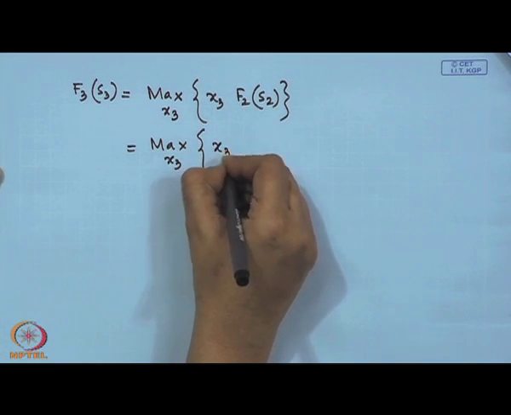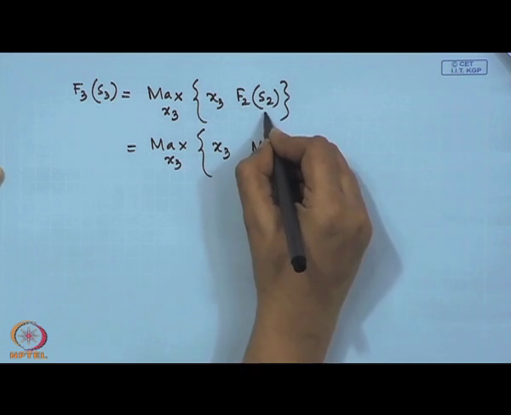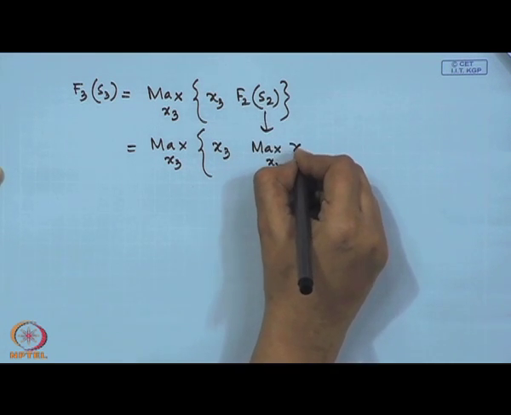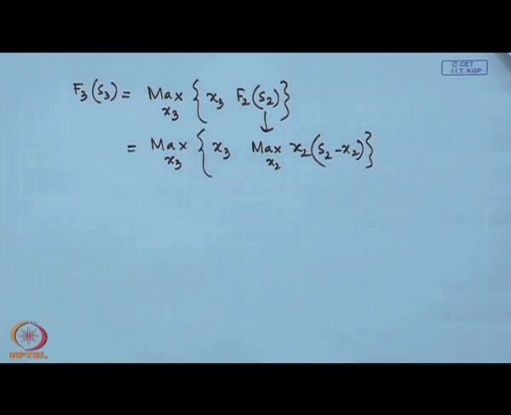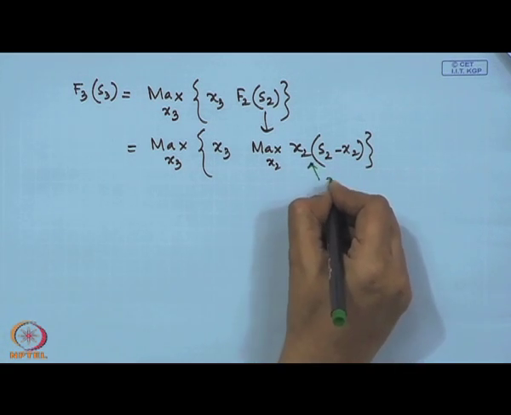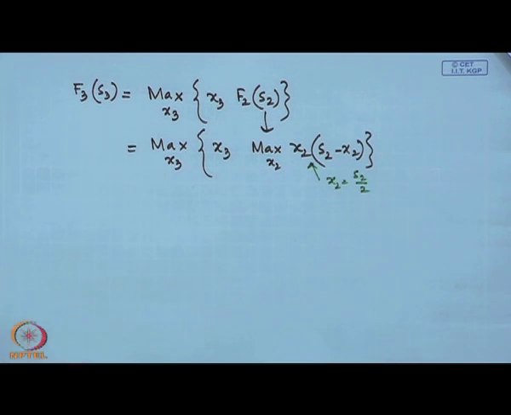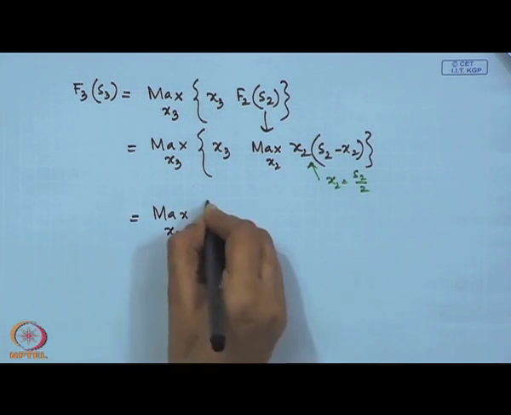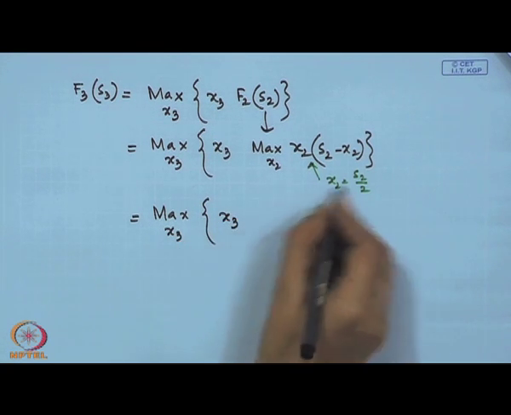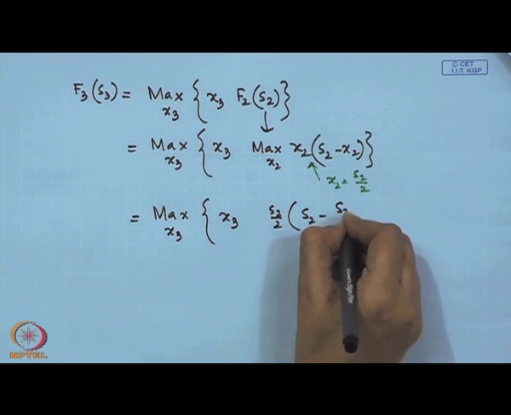How? Just see. What is f2 x2? f2 was the maximization over x2, this part I am just writing. This is equal to x2 times s2 minus x2. Just now we have seen that the maximum occurs when x2 is equal to s2 by 2. That is why let us substitute this value, then we will get maximization over x3 of s2 by 2 times s2 minus s2 by 2.